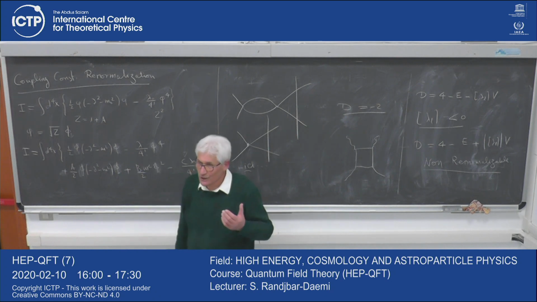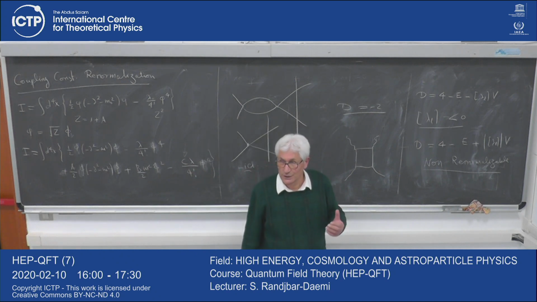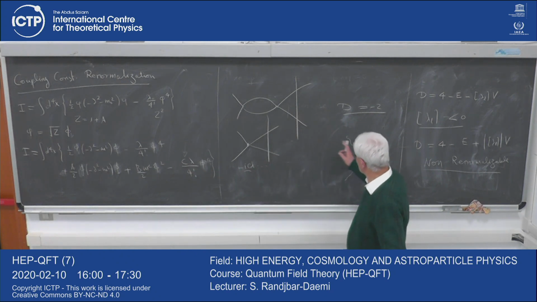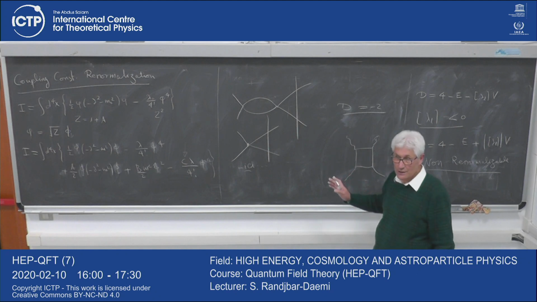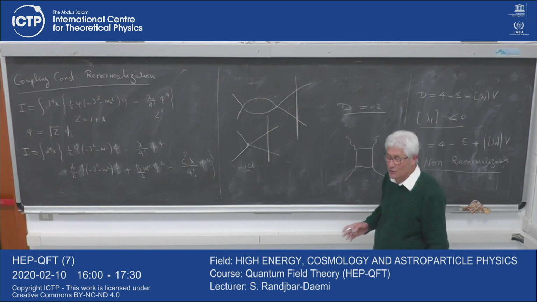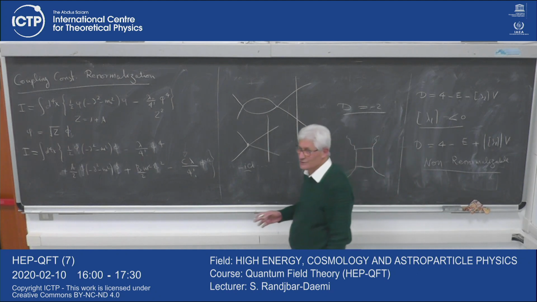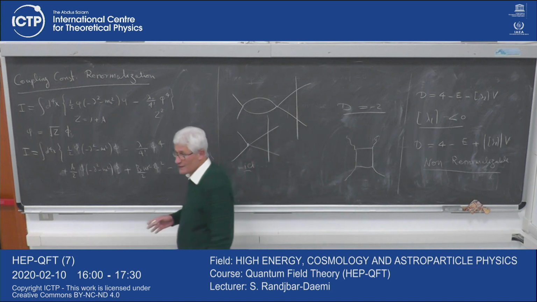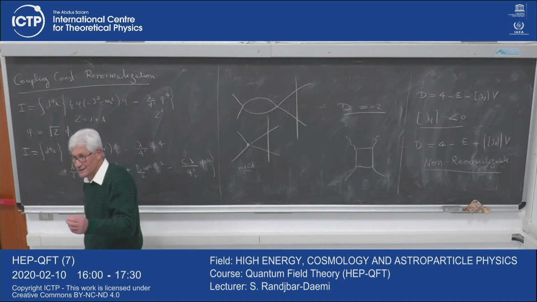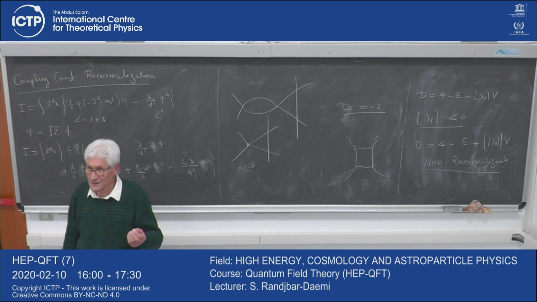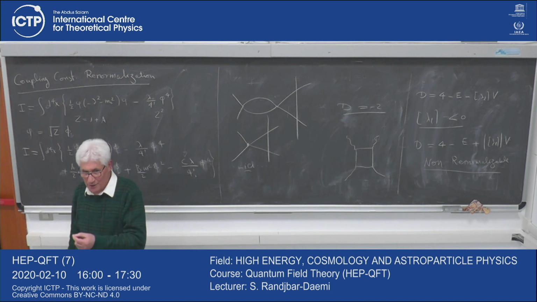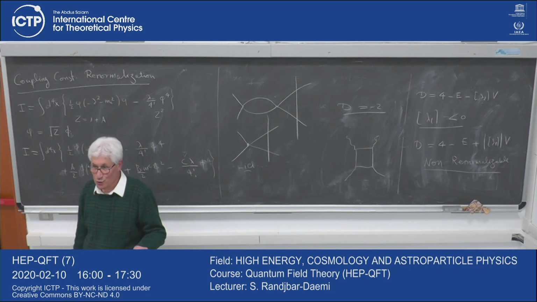And to remove this logarithm, if it were there, you would need a term with 4 powers of A in the QED Lagrangian. We do not have in the QED Lagrangian a term with 4 powers of A. There is F squared. How many powers of A does it have? F mu nu has 1 power of A, and F mu nu squared has 2.